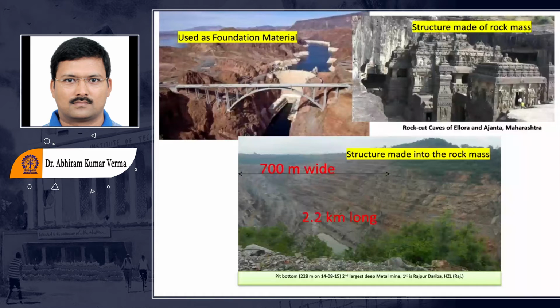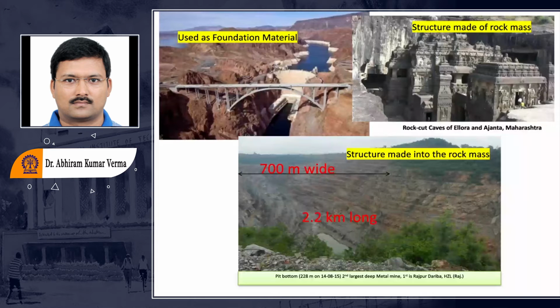Okay. The second figure on the right side is from the Ellora Caves in Maharashtra. You can see we can make a structure out of rock itself. We can have excavations and openings within it. We can use this material as a structure itself. And the third utility of this rock is that you can construct excavations within the rock itself.